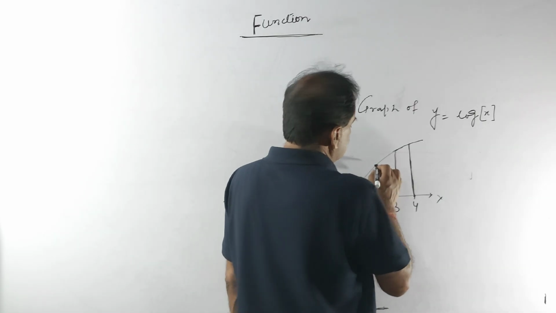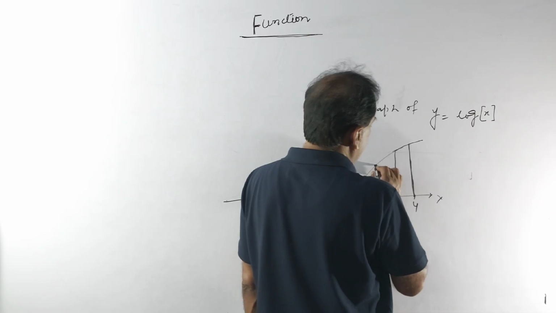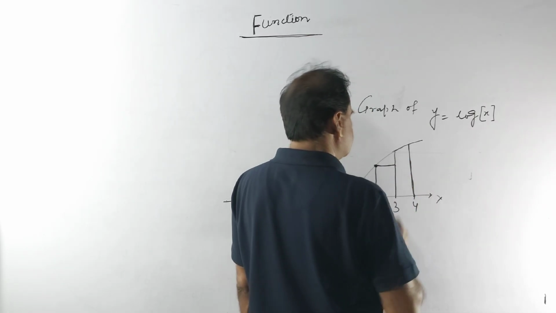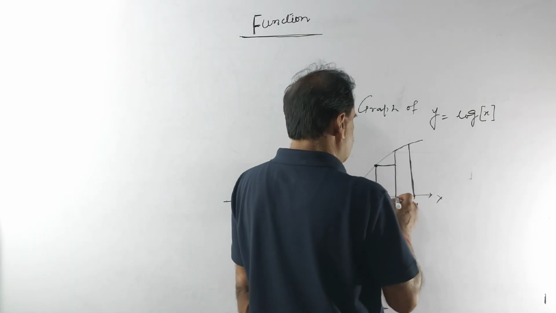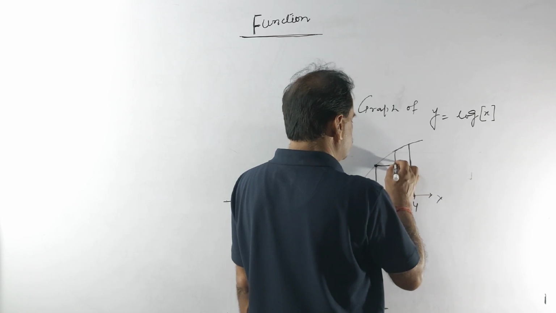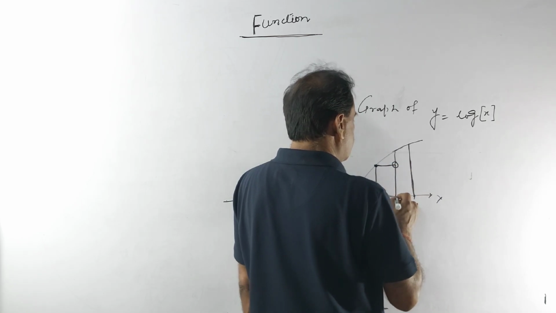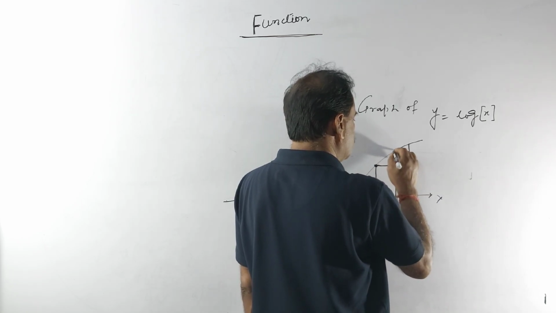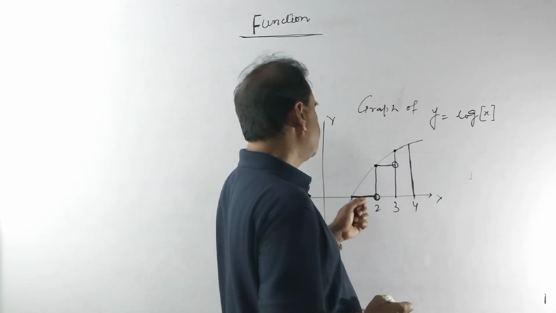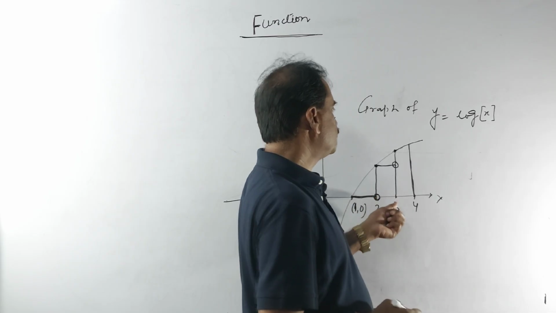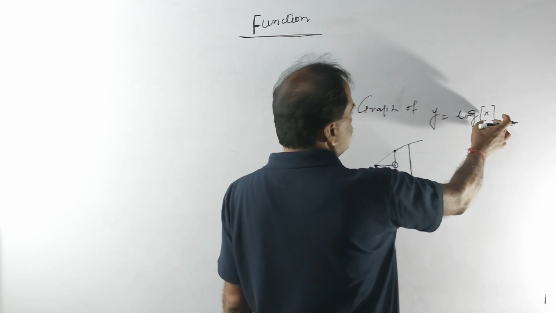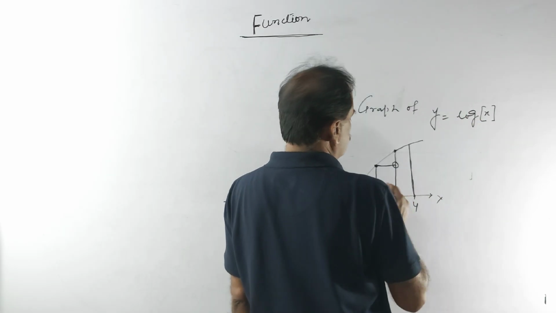From this intersecting point, we draw a horizontal line to intersect the next right vertical line. At x equal to 3, y is not equal to log 2, so this point is excluded. At x equal to 2, this point is included, because when we put the value of x between 2 and 3, its integral value must be equal to 2, so y equal to log 2.